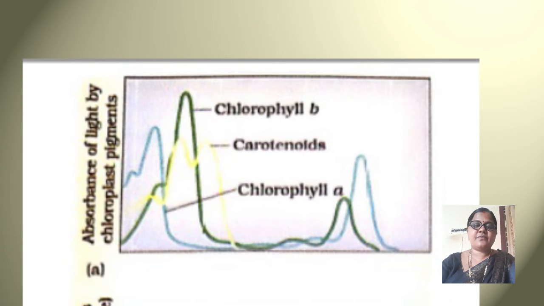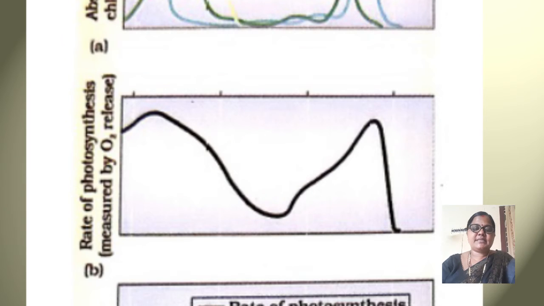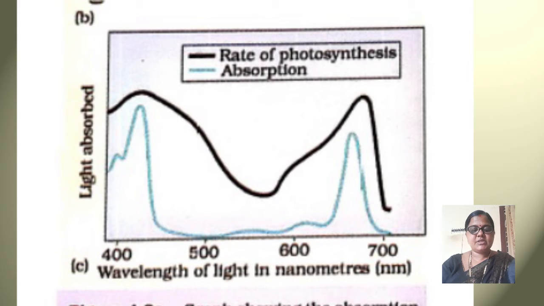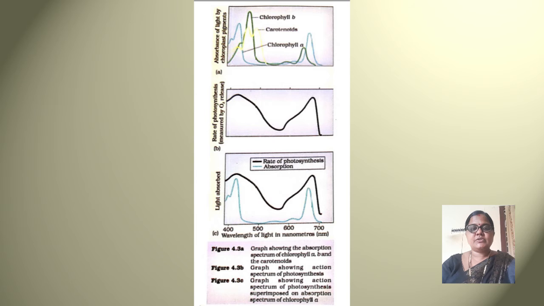The first graph shows the absorption of light by chloroplast pigments: chlorophyll A, B and carotenoids. The second graph shows the rate of photosynthesis by the oxygen released. The third graph shows the action spectrum of photosynthesis on the absorption spectrum of chlorophyll A.